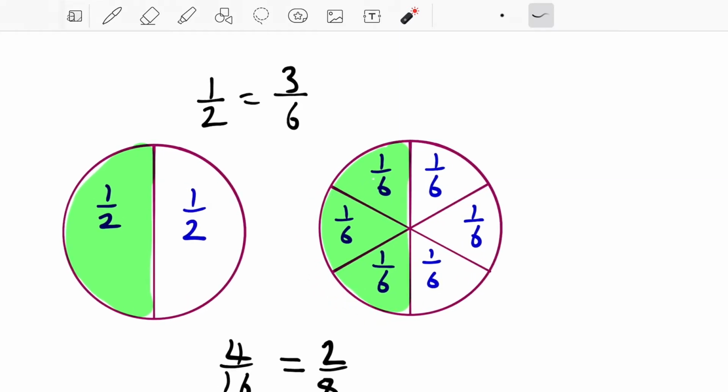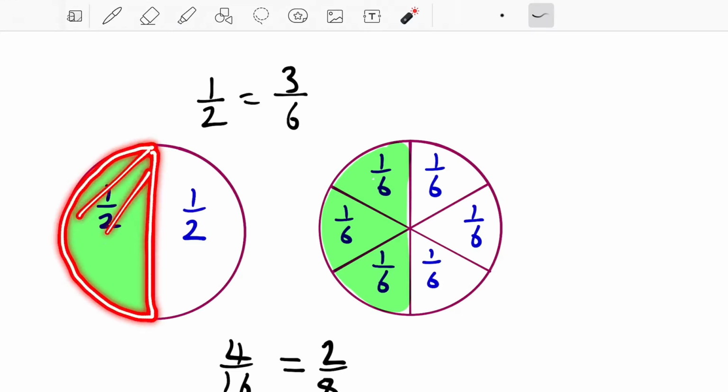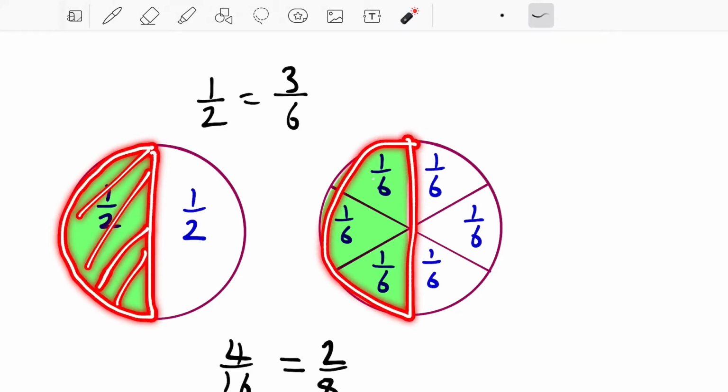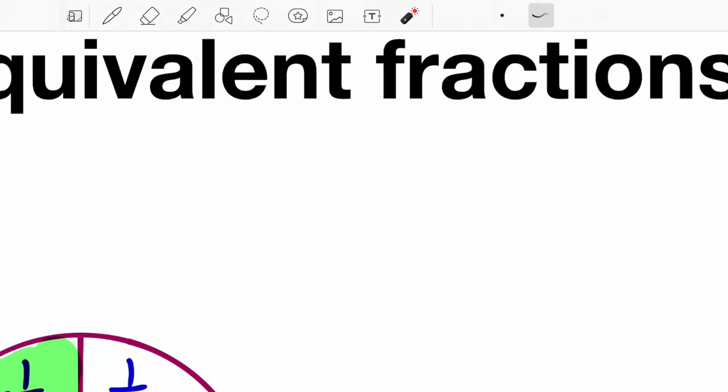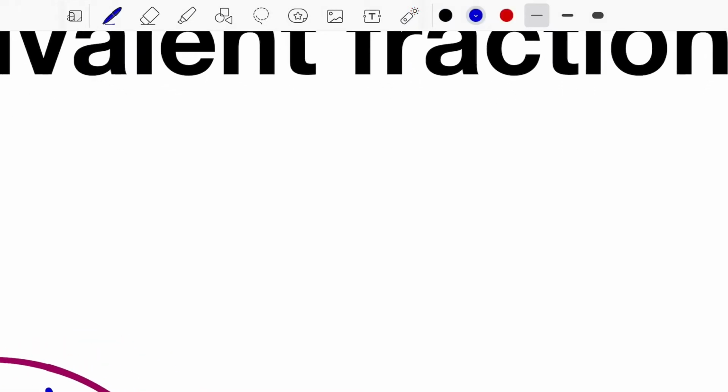So the difference is the number of parts that the whole is divided into. But we can observe that this portion is the same as this portion. So we can see that it can be equal. Okay, so let's talk about a half.